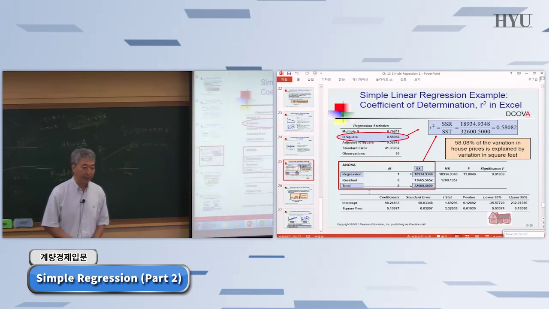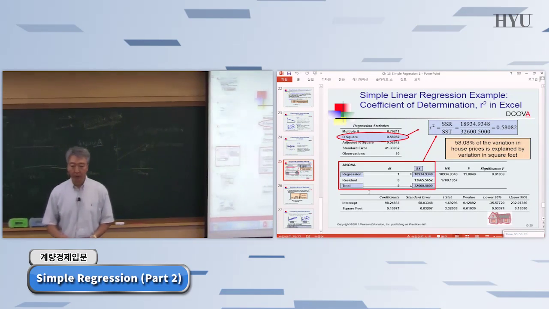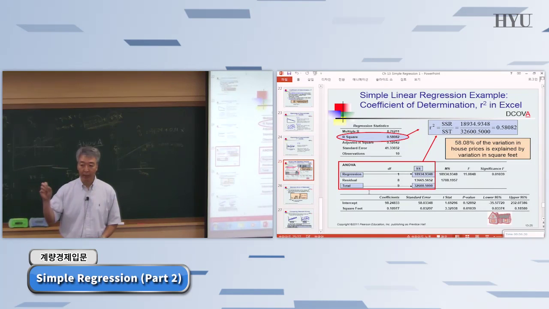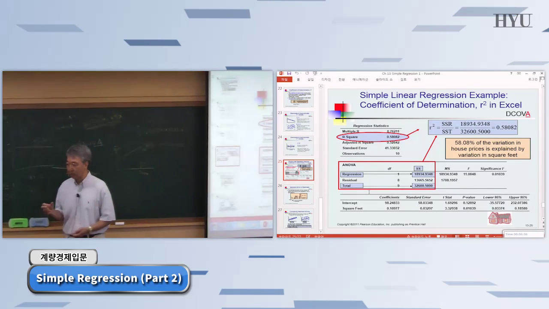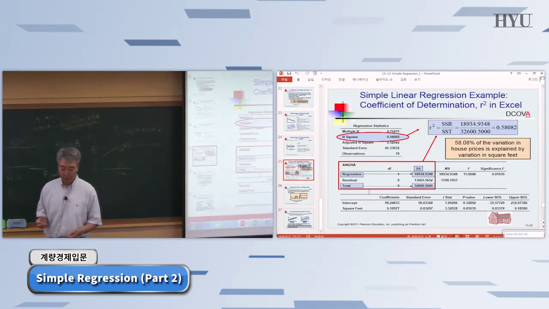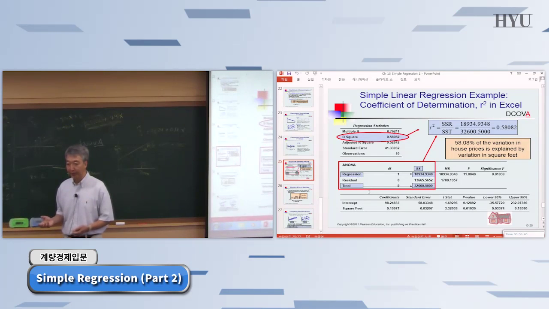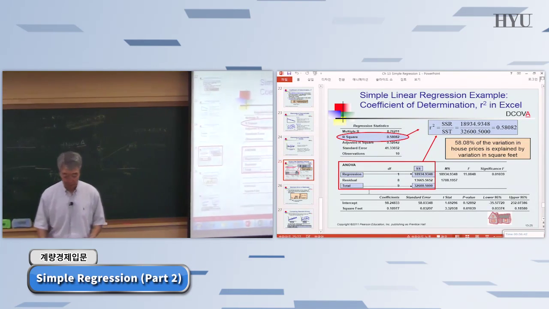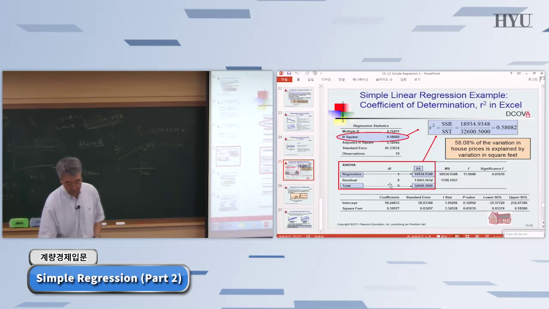Residual means remaining, right? So what's remaining after explaining the variation? What remains after the explanation, in other words, what's still unexplained. That's, well, error, right? Degrees of freedom for error is 8, which is n minus 2.